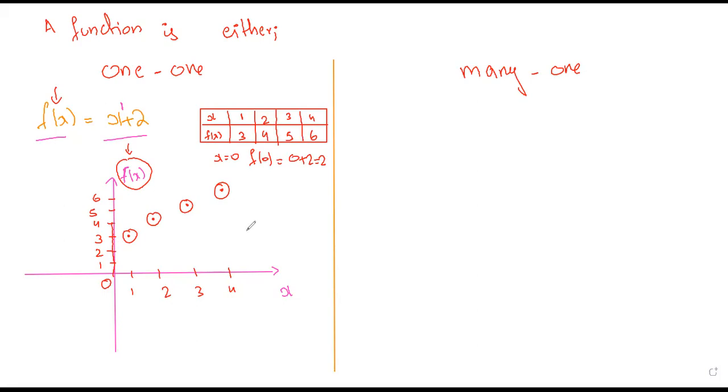This should be the value. Now let's try plotting it. This is going to be a straight line, although I would not be able to plot a straight line because I did not draw it on graphing paper, but this is how it should be. And these are the points. For 2 it is 4, for 3 it is 5, for 4 it is 6.